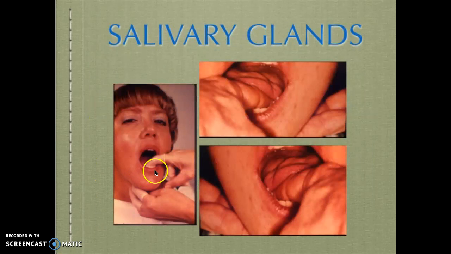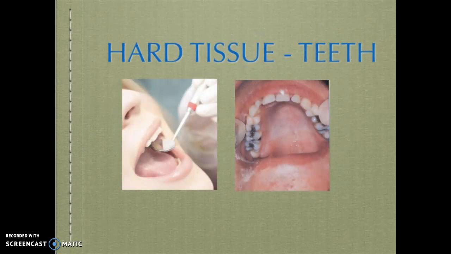Salivary glands are palpated with hands in opposition so that you're compressing the tissue, checking the sublingual glands and the submandibular salivary glands. We also want to palpate the parotid gland for any nodules or discomfort by the patient.